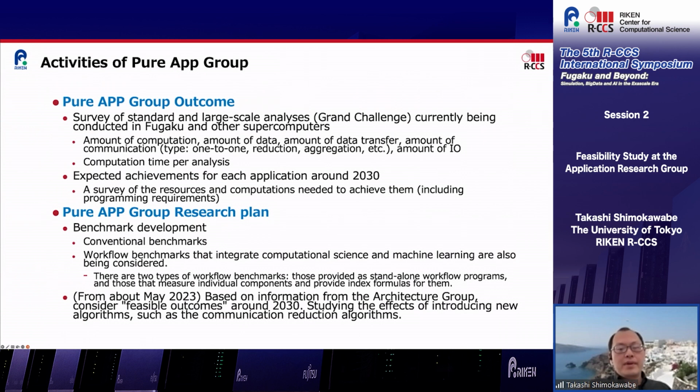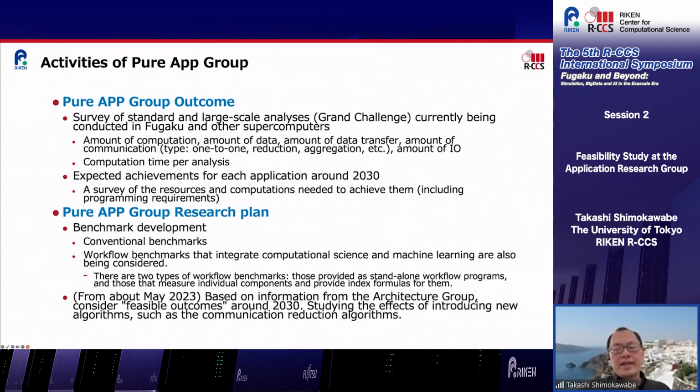The pure application group has so far investigated the standard analysis and the large scale analysis, that means the grand challenges, that have been done on Fugaku and other supercomputers. In particular, we have investigated the amount of computation, the amount of data, the data transfer, the amount of communication and their types, and also the amount of I/O.